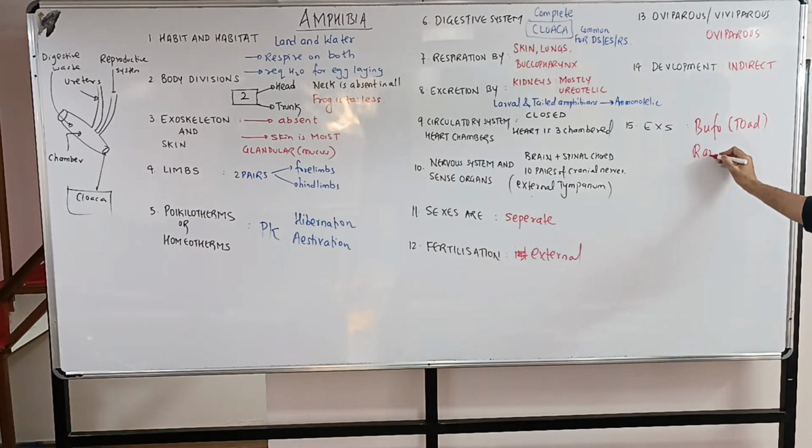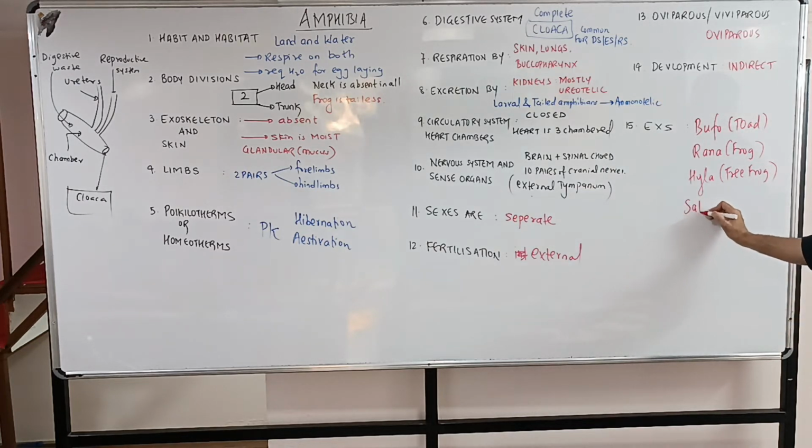Rana. Who is Rana? Frog. Then you have got Hyla. That is tree frog. Then Salamandra. Who is Salamandra? It is salamander.